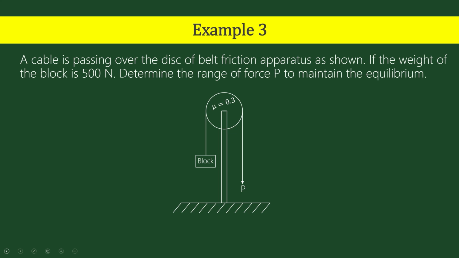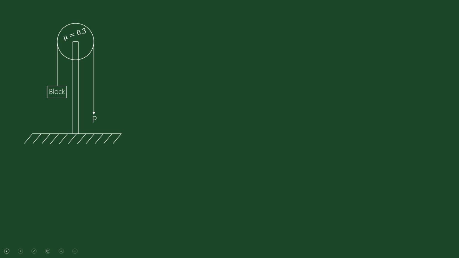Again, no need of drawing FBD, because we can clearly see that the cable is wrapped around the disc for half of the circle. In other words, lap angle must be equal to pi.